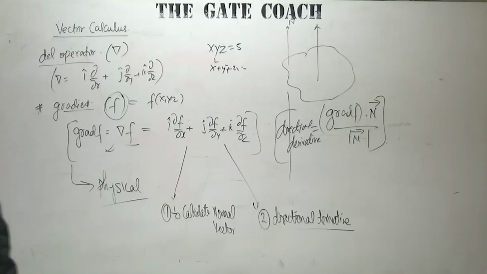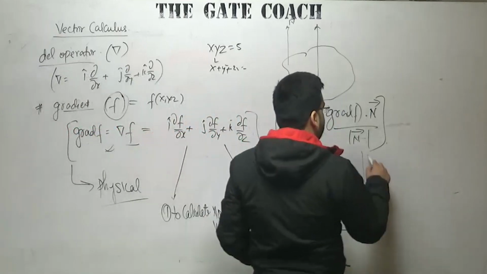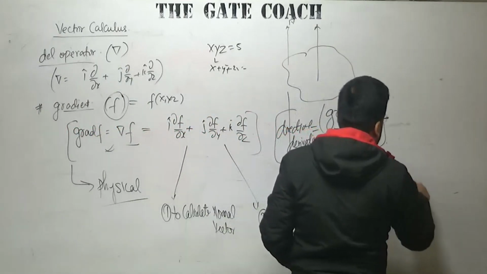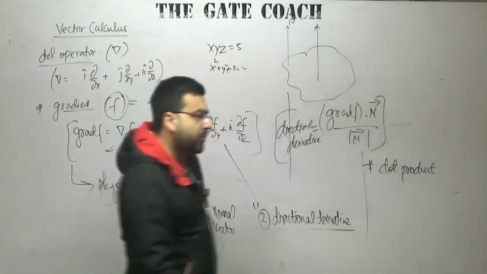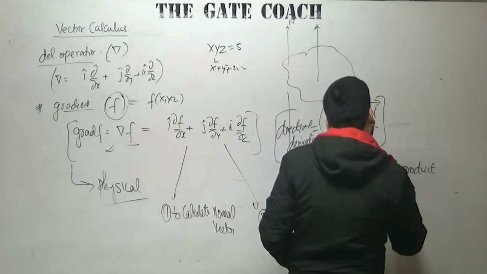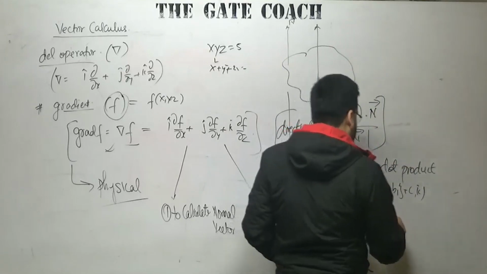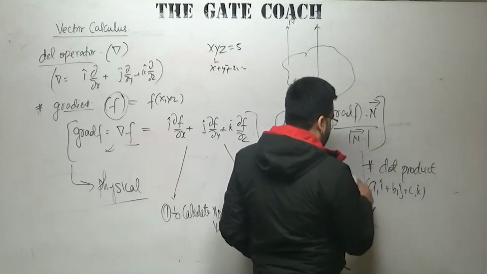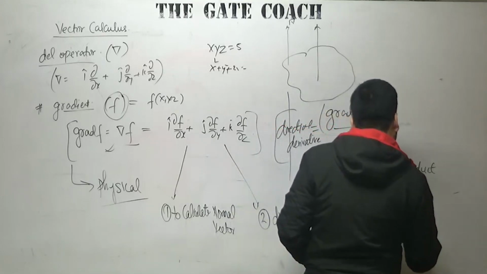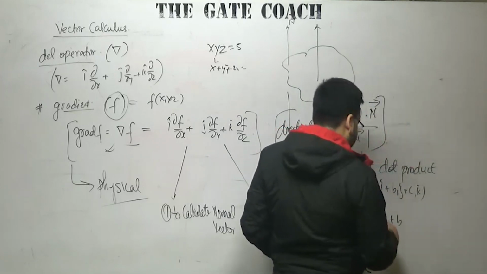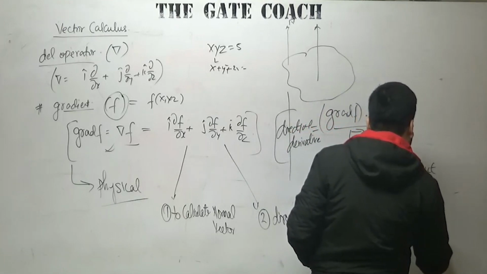After this, we discussed the physical significance of the dot product and cross product also. Because in the directional derivative, the dot product will be used. How to calculate the dot product? For example, we have one vector A, that is a1 i cap plus b1 j cap plus c1 k cap, and we have one more vector B, given by A2 i cap plus B2 j cap plus C2 k cap.